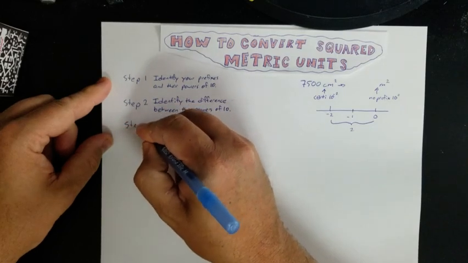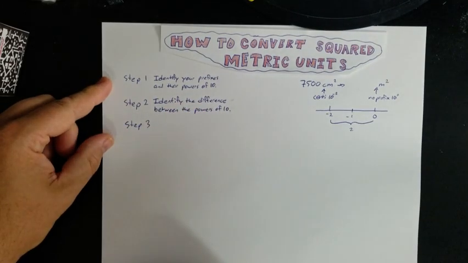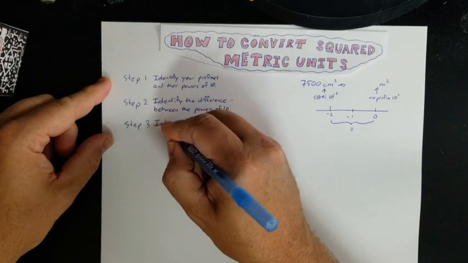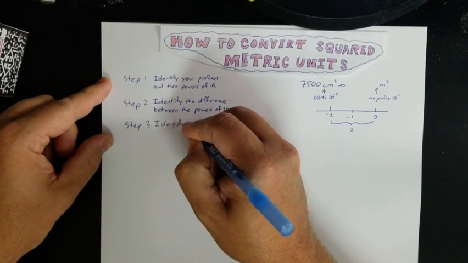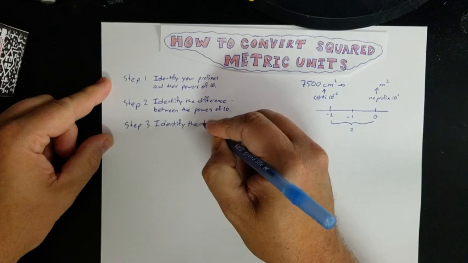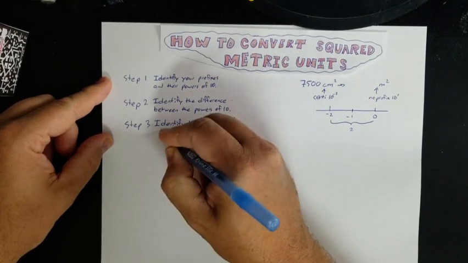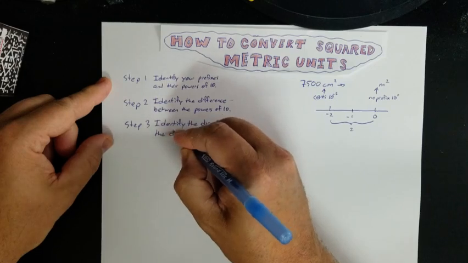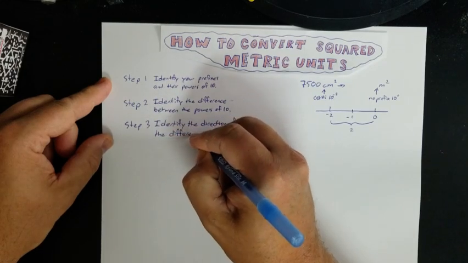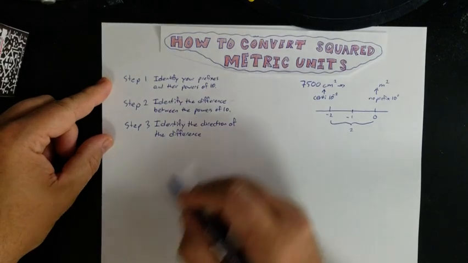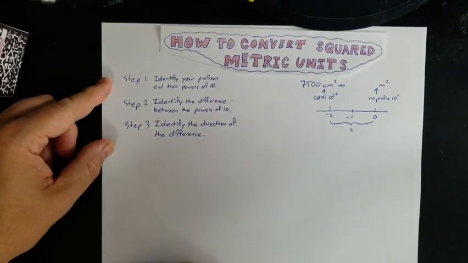Step 3. You identify the direction of the difference. What I mean by this is, are you going from a larger to a smaller unit or a smaller to a larger?